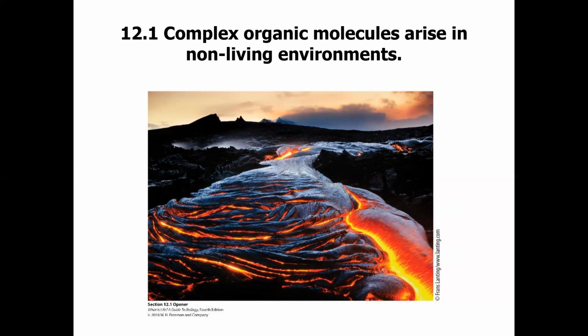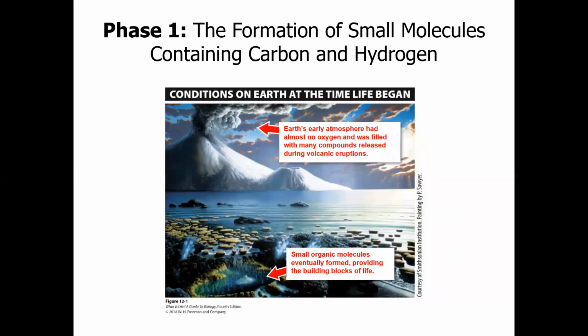The second characteristic it has to have is it has to be able to utilize energy in some kind of fashion. It has to have a metabolism. So if it doesn't have these two characteristics, it is not considered life.